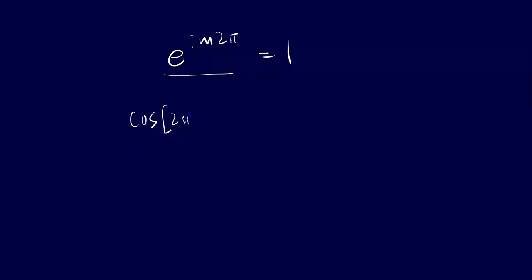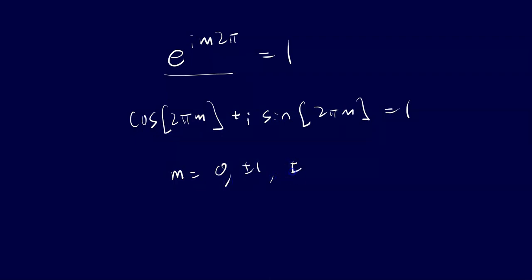And so this would be cosine 2 pi m plus i sine 2 pi m equals 1. Since the sine function is the complex part, what's going to work is whenever cosine equals 1. And since this is a factor of 2 pi, m will just end up being 0, plus or minus 1, plus or minus 2, and so on and so forth. And so this is going to be key. We're going to use this to help us, again, in figuring out the full angular solution.